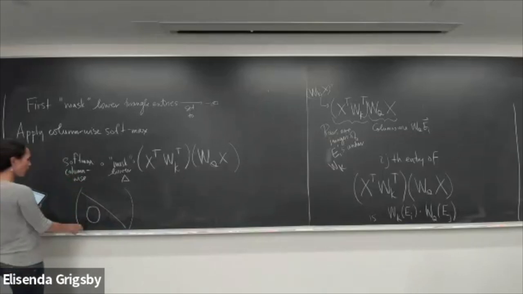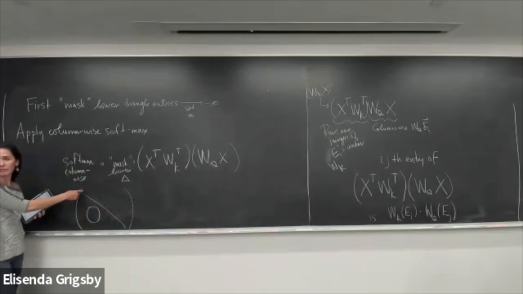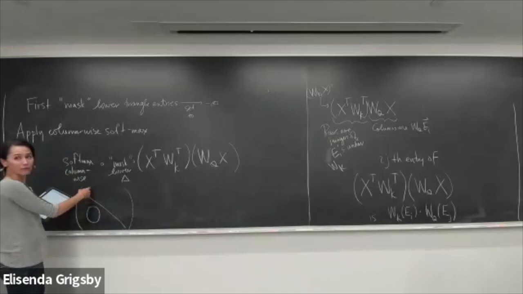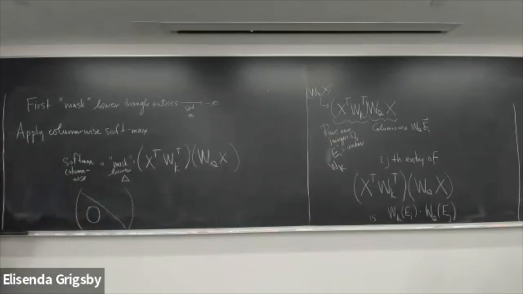So in column 1, the first token can't attend to anything but itself because there's nothing to the left of it. And the second token can only attend to itself and the first token, etc. So this is now called the attention pattern. And it's completely determined by these pairwise dot products of the projections of tokens to lower dimensional spaces.